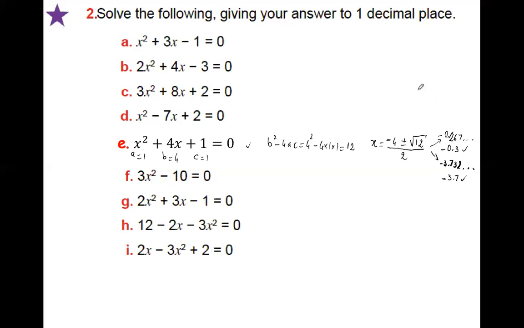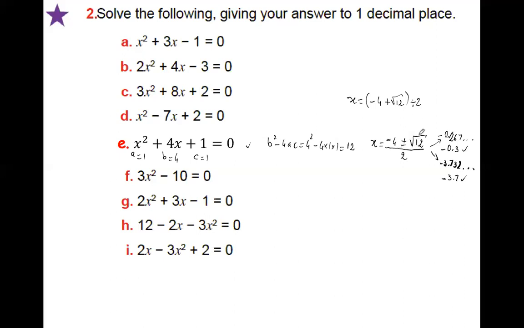So yeah, you can either do it like that on your calculator, but this is what you need to write on your calculator: open bracket, negative 4 plus root 12, then you close bracket, and then you type divide by 2. Because your calculator is a Casio and you've got that wee fraction button, I would advise you to use the fraction bit.